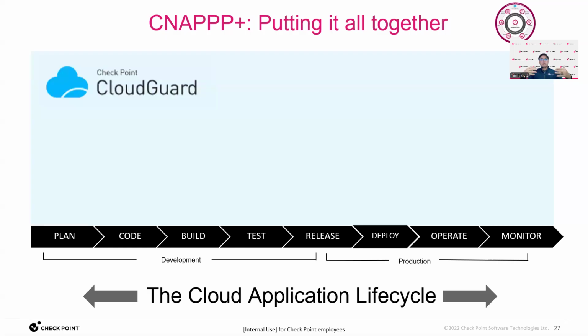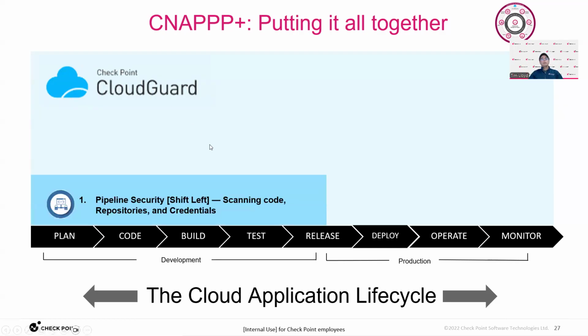Now, I just want to close out our time together by giving you a mental takeaway so that you could see how all of these things work together. When the cloud was born, the cloud application lifecycle was born, right? And this is about bringing it all together. So you've heard the terminology shift left. This is a shifting of security to the left on this life cycle.